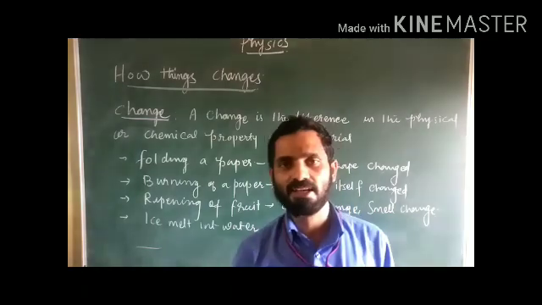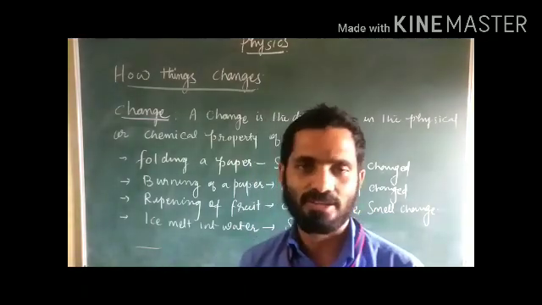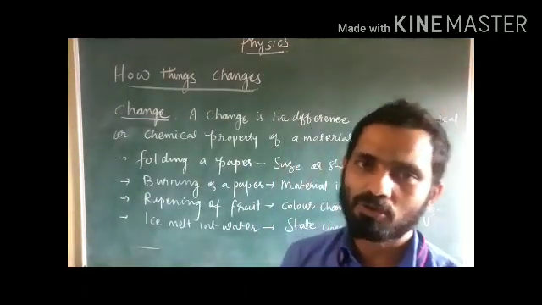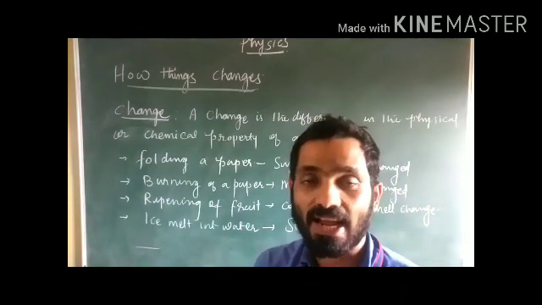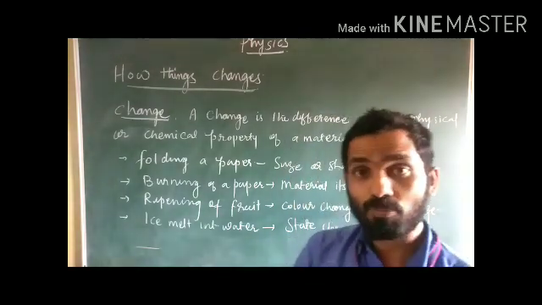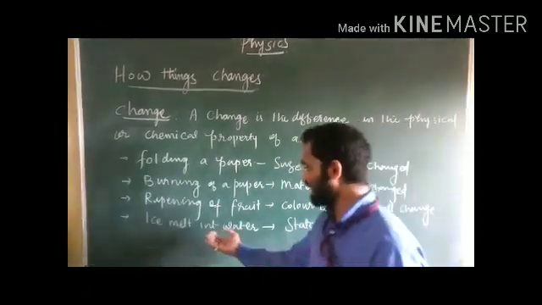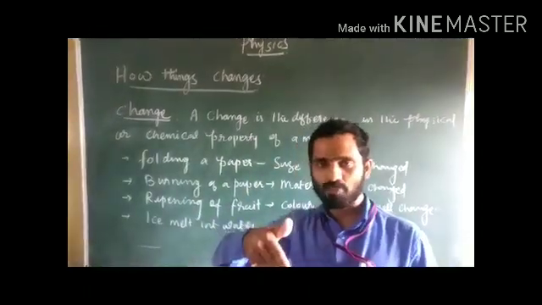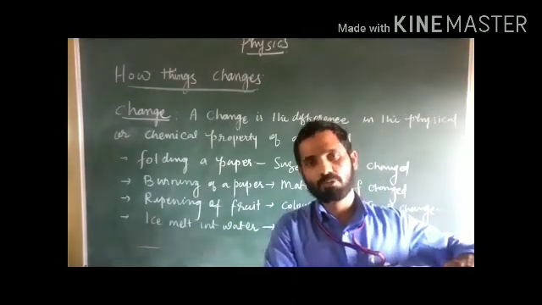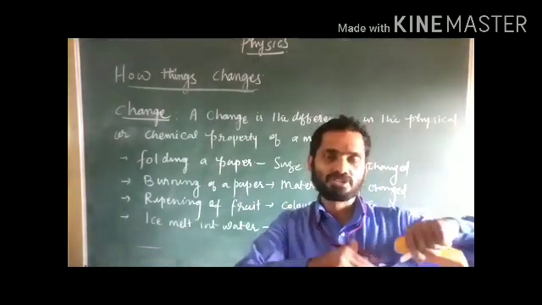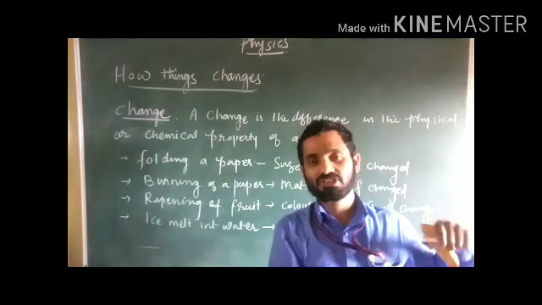You may have studied the different states of matter in lower classes, where you studied solid, liquid and gaseous states. So sometimes there will be a state change from one state to another. It means from the solid state it may go to the liquid state, or from the liquid state it may go to the gaseous state.